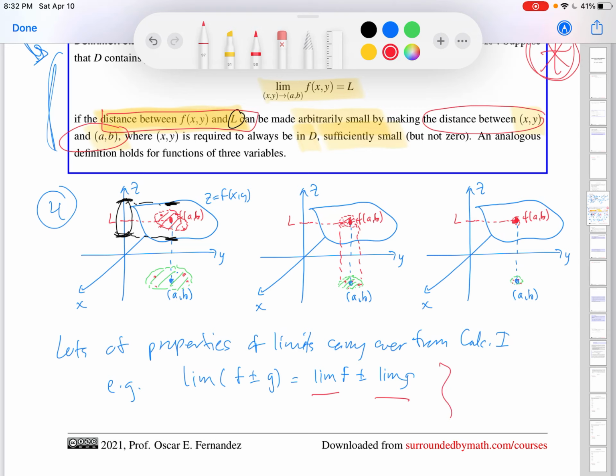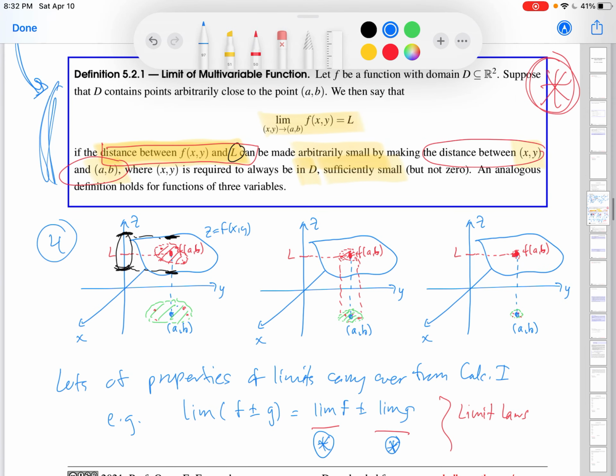Collectively, there's a bunch of them we refer to in Calculus 1 as the limit laws. Very similar limit laws apply and carry over to the multivariable setting. That doesn't exactly help us in this video because the presumption is that you know these individual limits exist, and we have this cumbersome definition to evaluate those.